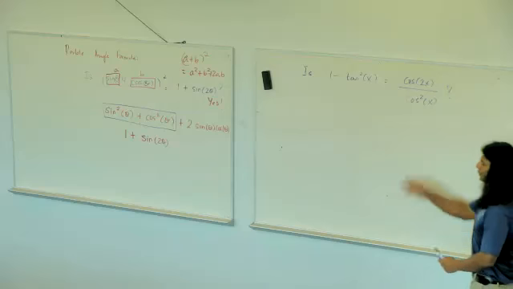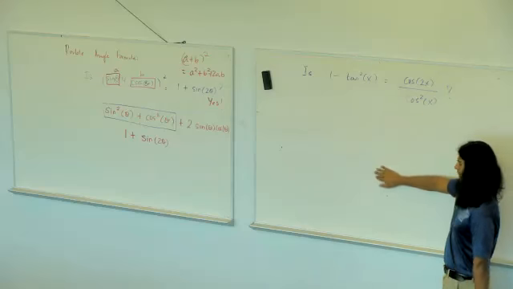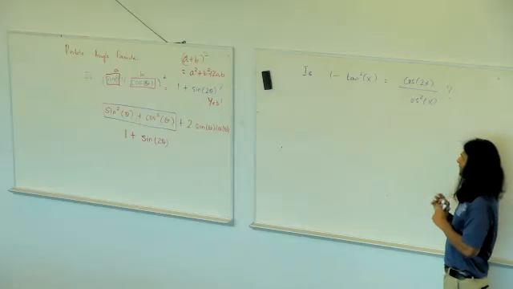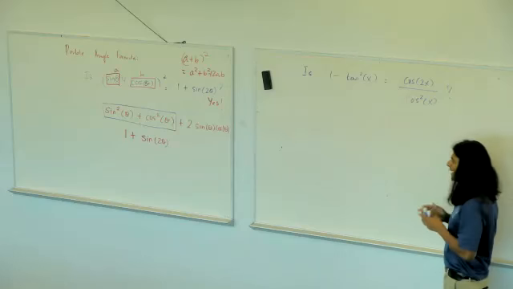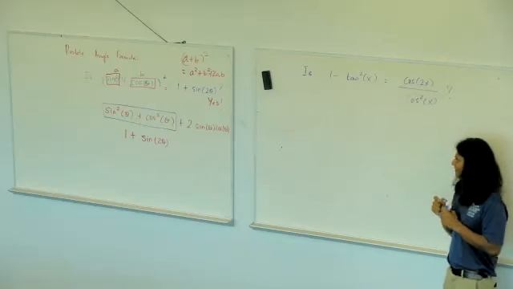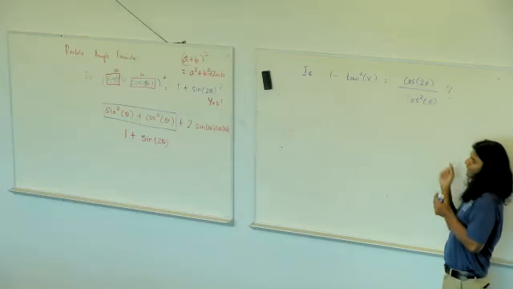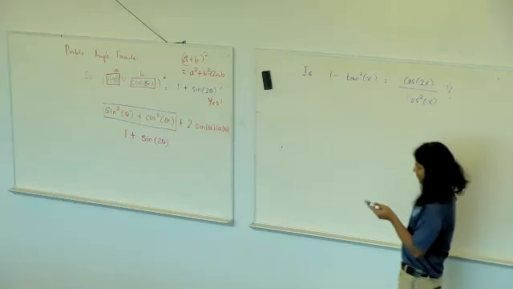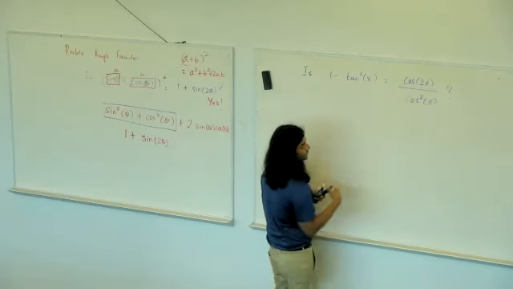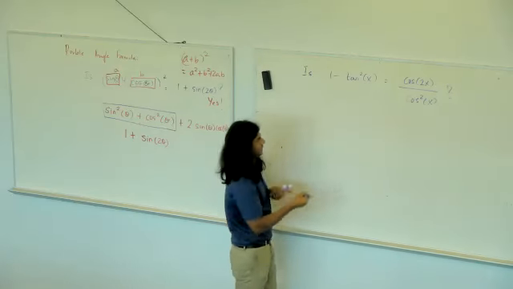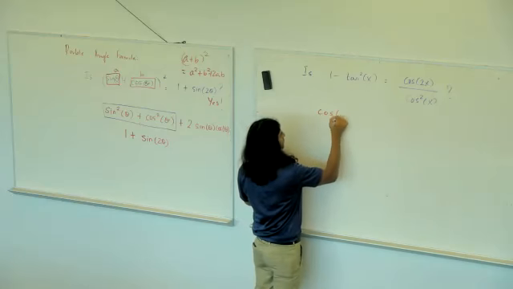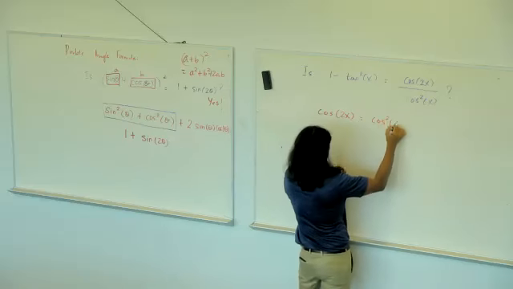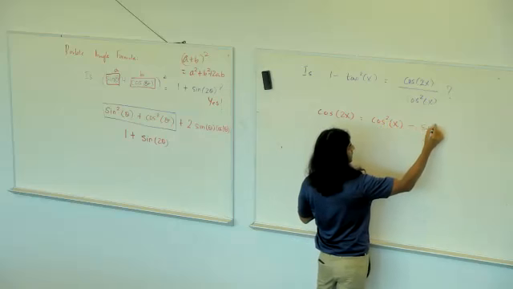First question, which side should you start? As I mentioned in this problem, it really doesn't matter as long as you're good at algebra, but this one is probably a bit easier than that. Well, what do I mean by that? What is cosine 2x? According to the double angle formula from earlier, cosine 2x is cosine squared x minus sine squared x.